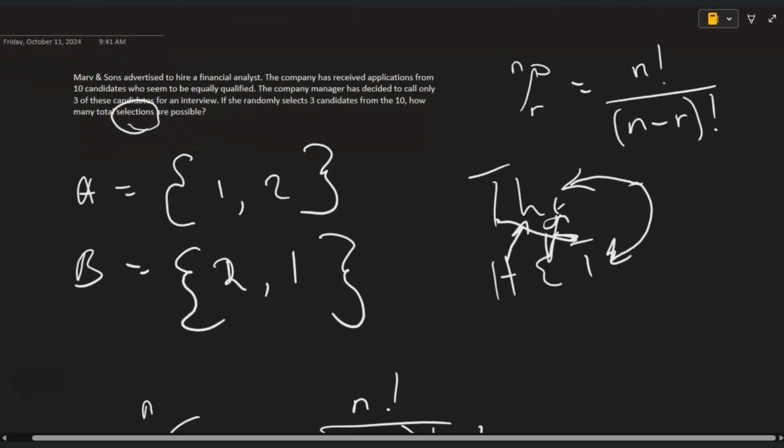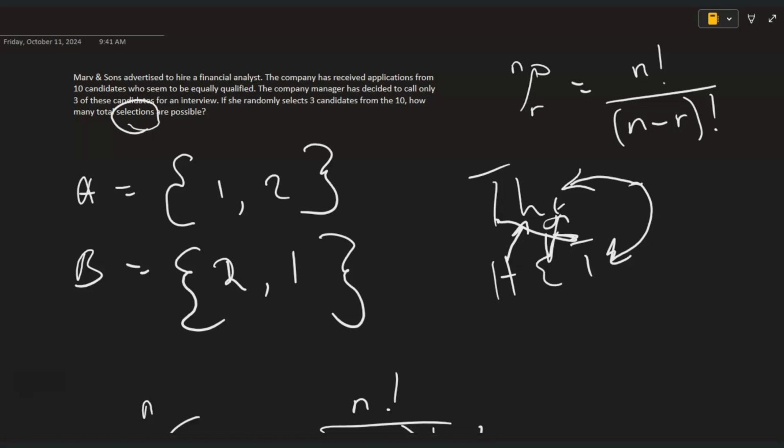Let's look at the question. Merv and Sons advertised to hire a financial analyst. The company has received applications from 10 candidates who seem to be equally qualified. The company manager has decided to call only 3 of these candidates for an interview. If she randomly selects 3 candidates from the 10, since all of them are equally qualified, how many total selections are possible?